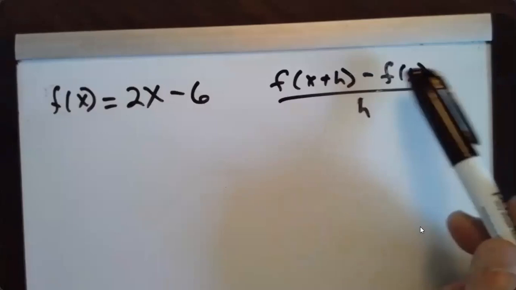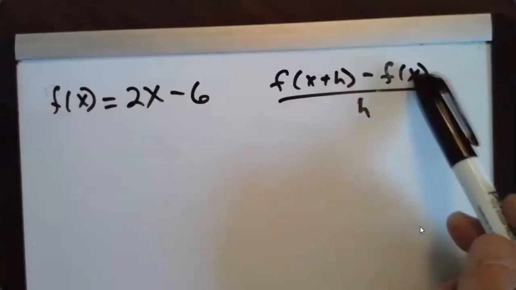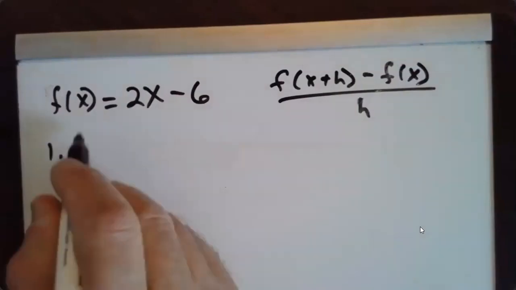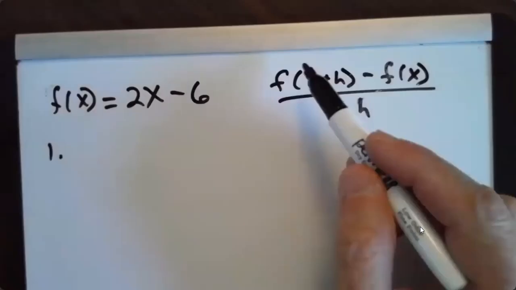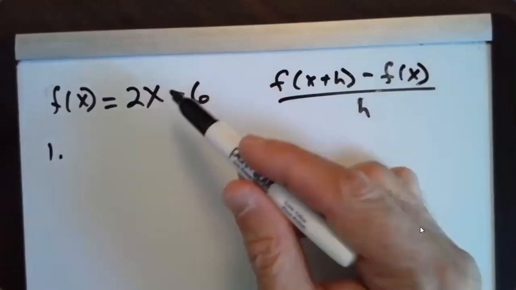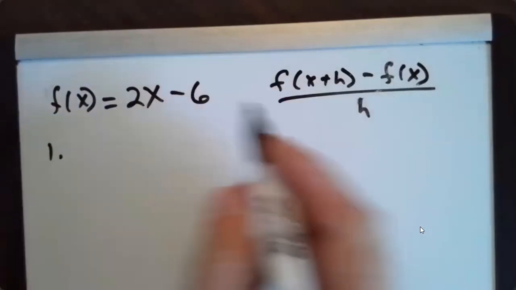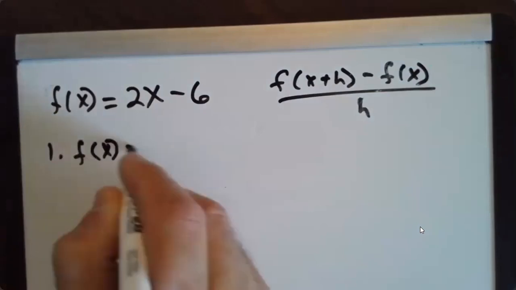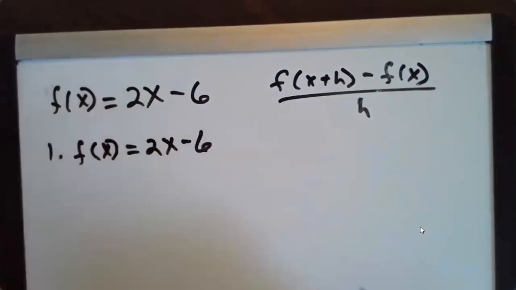So the first thing we need to do is figure out what this f of x part is. Sometimes they use f of a instead of f of x. They use a different variable, but it's still the same thing. So basically all this is just rewriting the original equation. Okay, so that's step 1.